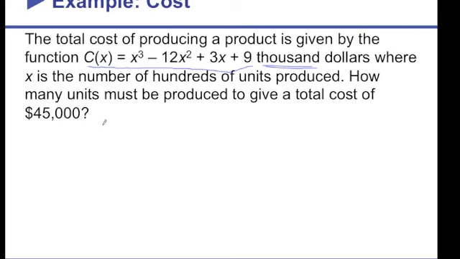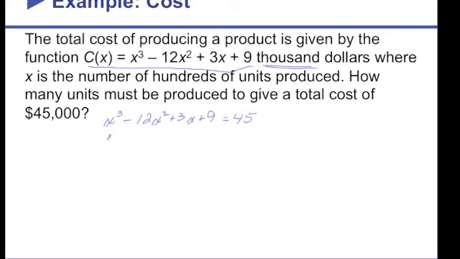Well, when we're setting this equation, we have to remember that it said this was in thousands of dollars. So we want our cost function, x cubed minus 12x squared plus 3x plus 9 to actually equal 45, because it's 45,000.